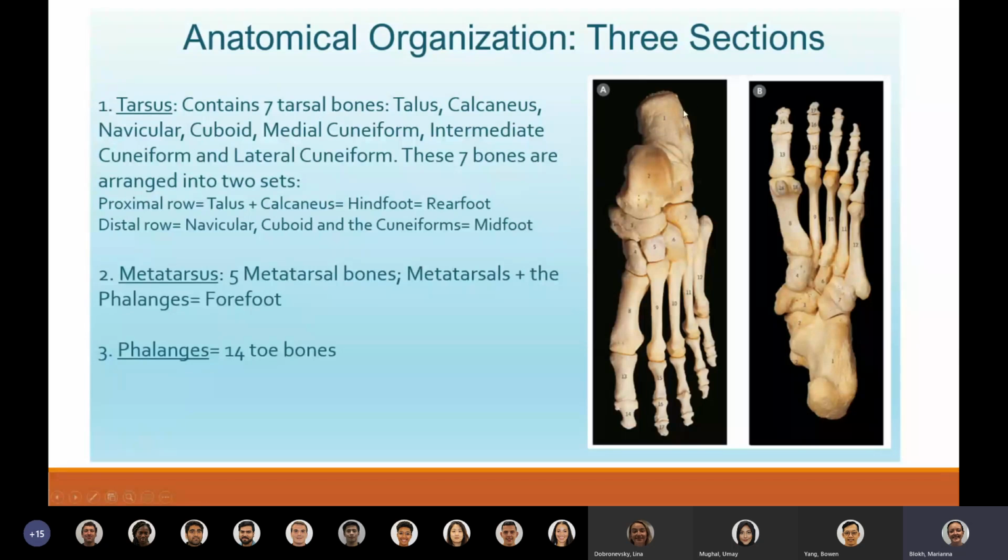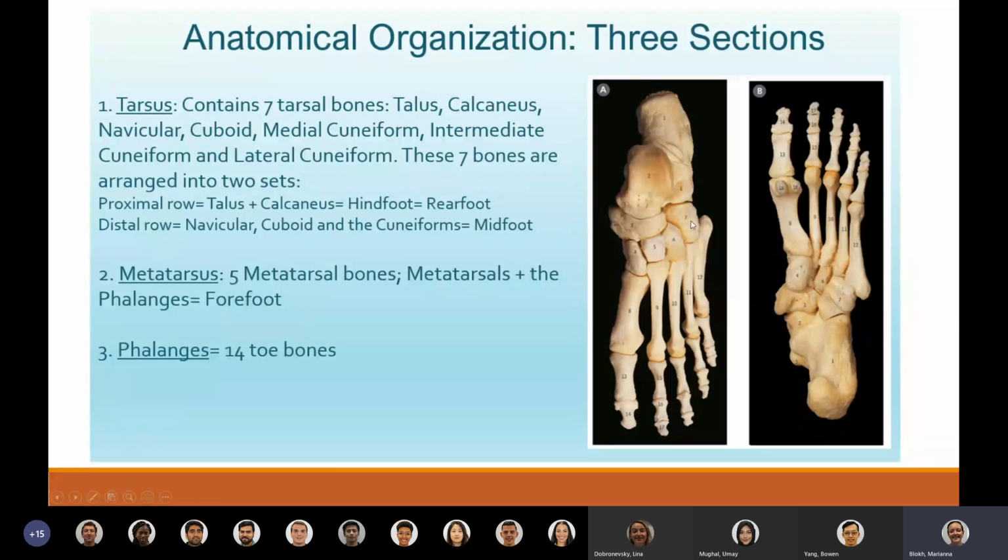That is going to be your talus, your calcaneus, your navicular, cuboid, the cuneiforms, which are basically medial, middle, aka intermediate, and lateral cuneiforms.